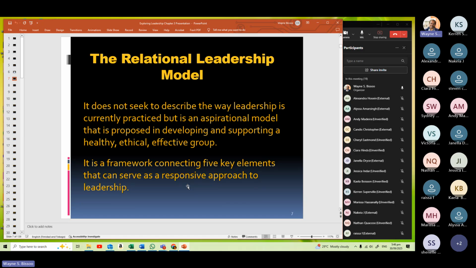The model doesn't seek to look at leadership as it's practiced currently. So, though we are going to find ourselves comparing what takes place around us on a day-to-day basis, it doesn't say that this is what we see happening now, but they're building this model as an inspiration for you to try to move towards a better, more ethical type of activity.